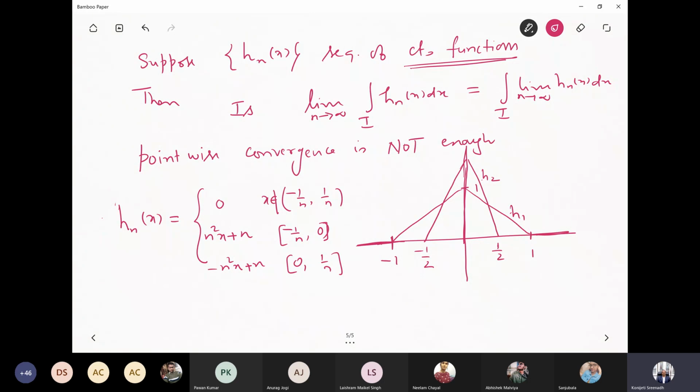So these functions, h n x, all of them have the property that the integral of h n x over the interval -1 to 1, or on the whole real line, that is the area under the curve, is always 1.